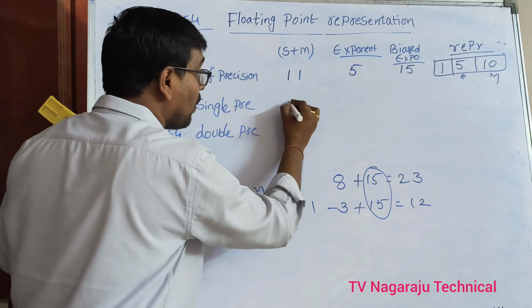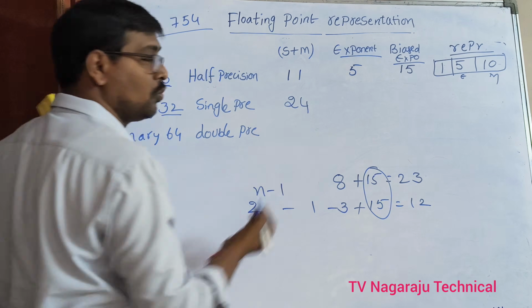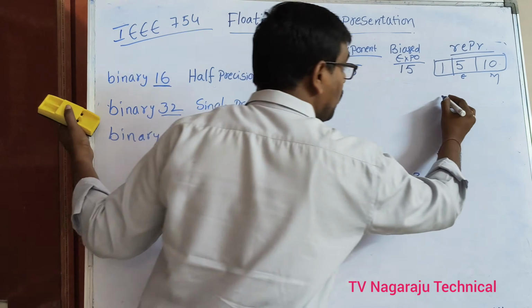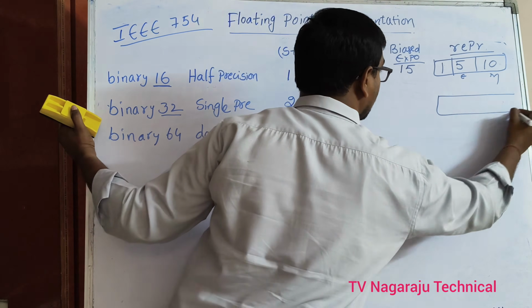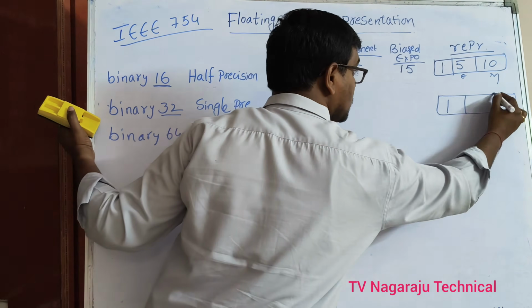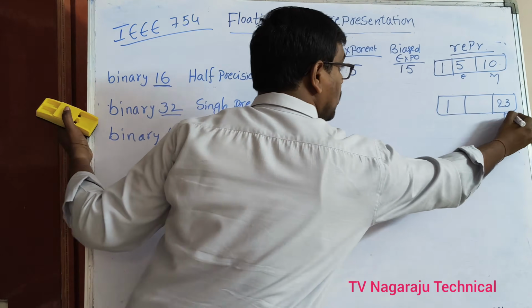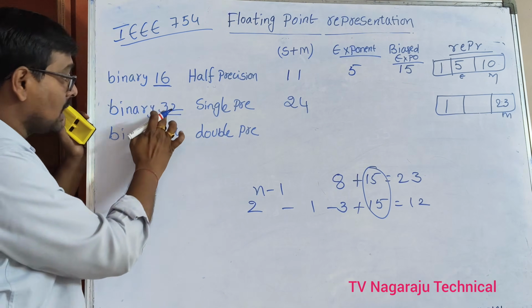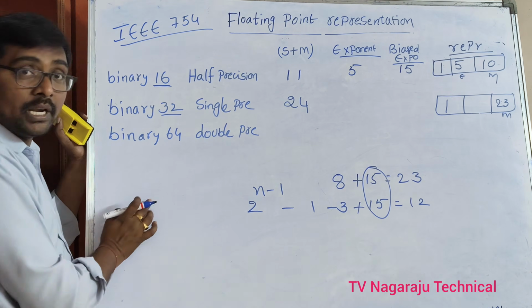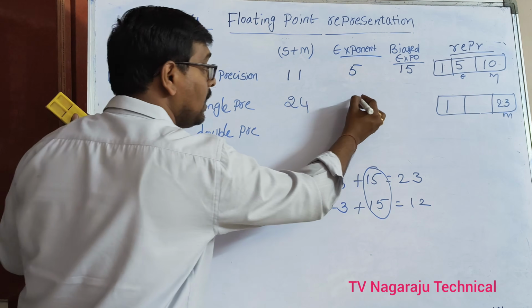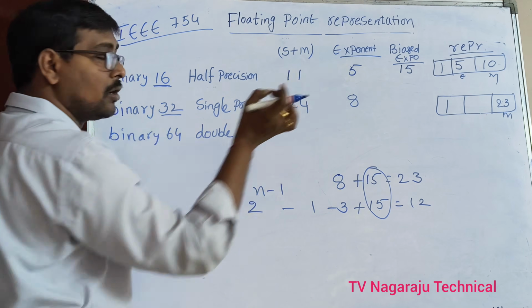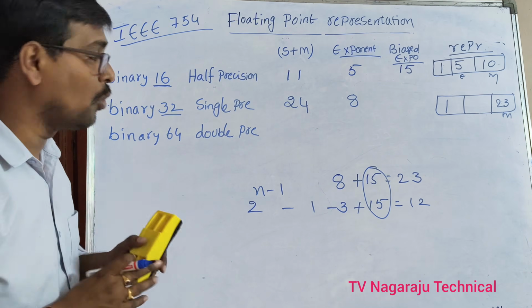For 32, in the representation, 1 bit is for the sign and 23 bits are used to represent the mantissa. Now 32 minus 24, how many bits are remaining? 8. So 8 bits are used to represent the exponent.